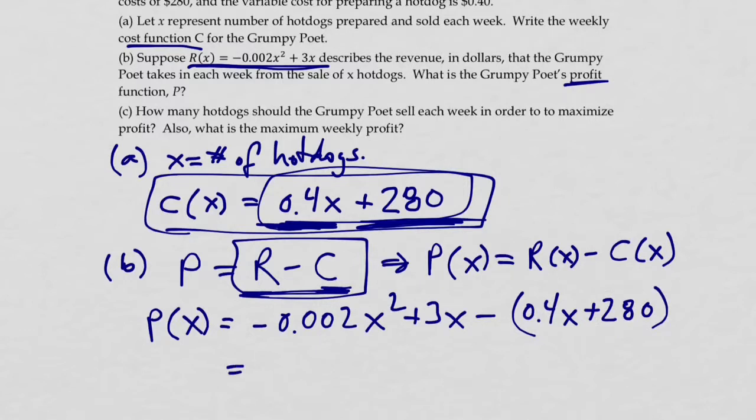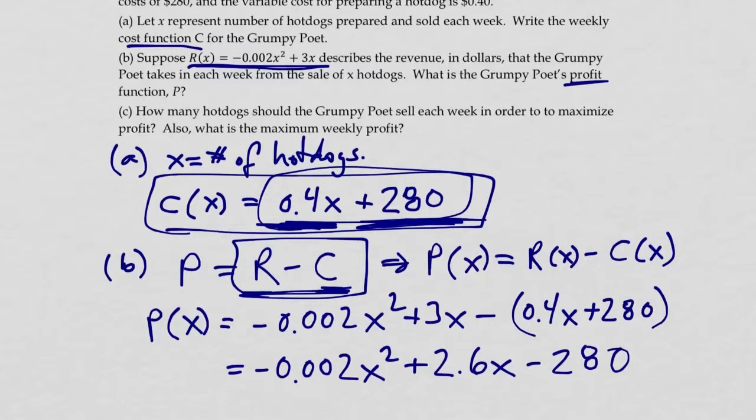So we end up with a quadratic function, negative 0.002x squared plus 2.6x minus 280.